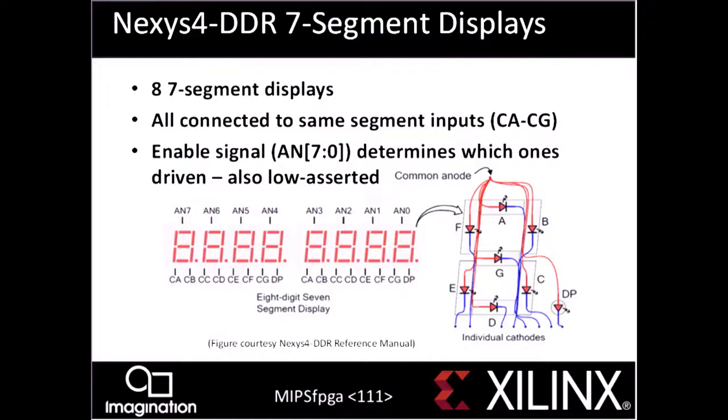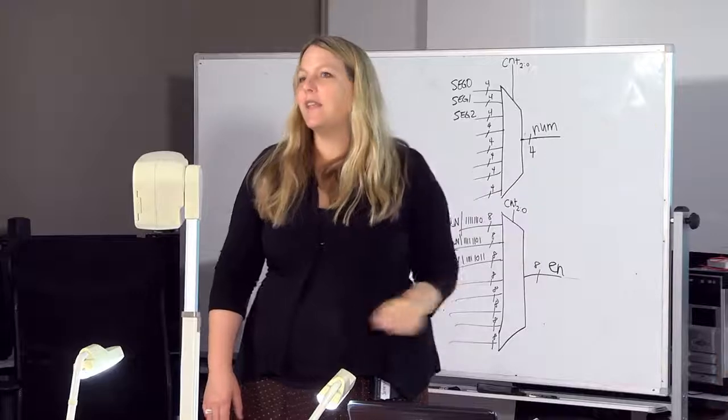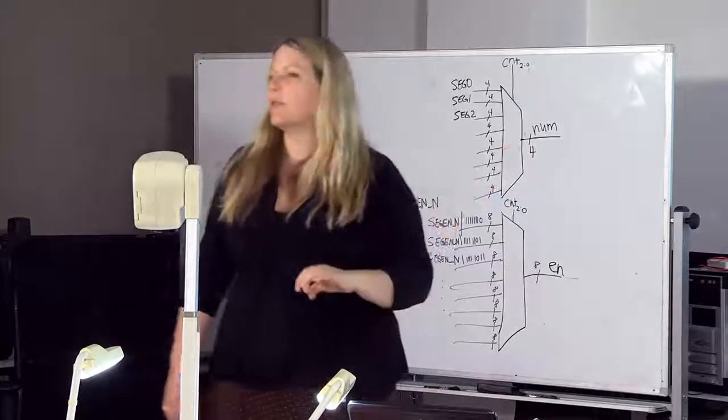And then we add another input, the enables, which are labeled AN0 for digit 0 through AN7. So in order to drive the 0th digit, I need to drive the segments, CA through CG, to what I want to display, and also drive AN0. And those enables, AN0, are low asserted as well.